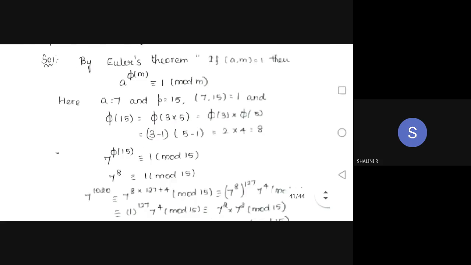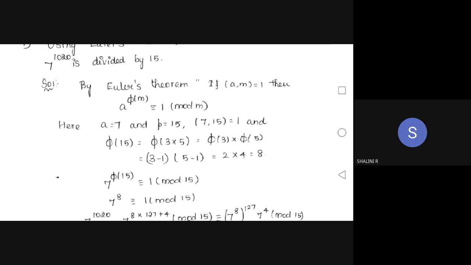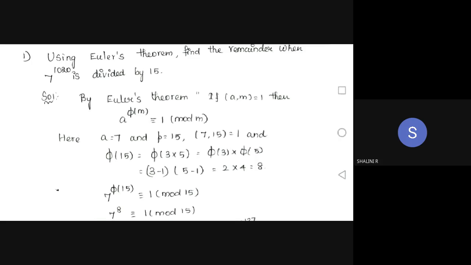Here the divisor is 15, so consider m equal to 15. So check whether a and m are relatively prime or not.